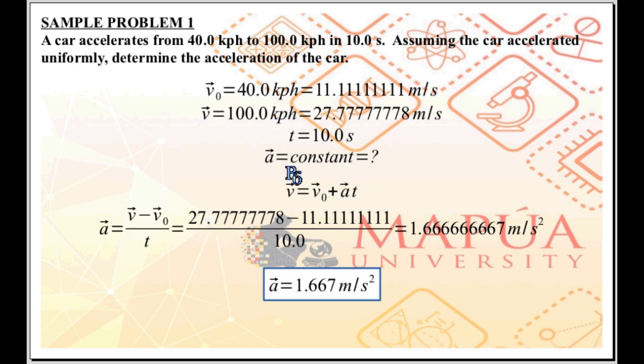If you look at the known values, we know final velocity v, we know v naught, and we know t. The only unknown is acceleration. Isolating a and plugging in the known values, we are able to calculate the acceleration of the system. You have 1.667 meters per second squared.